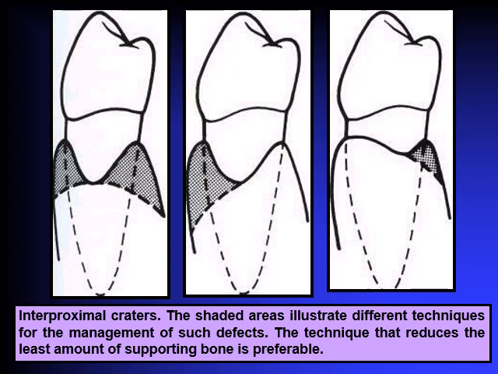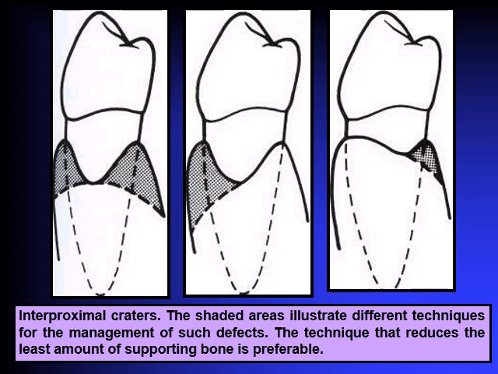In the left one, the middle one, and the third one, the technique that reduces the least amount of supporting bone is preferable. Why? To not make the tooth a compromised tooth. Okay, so this is the management of deep craters.